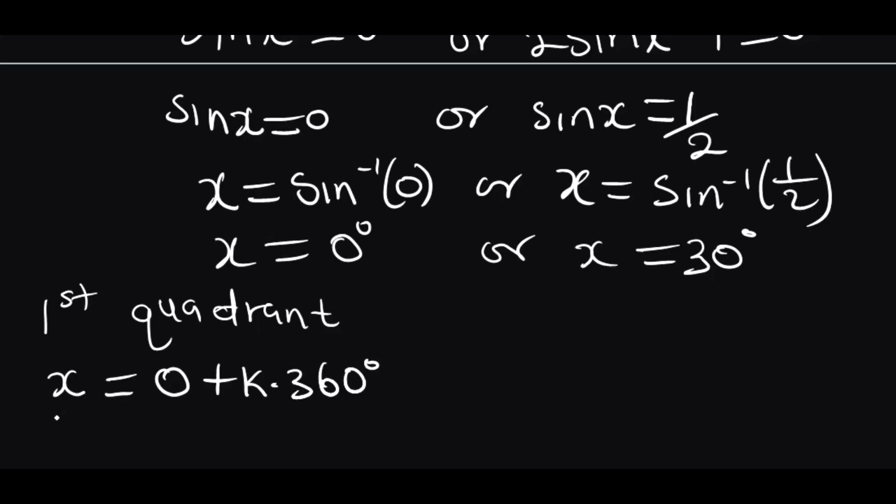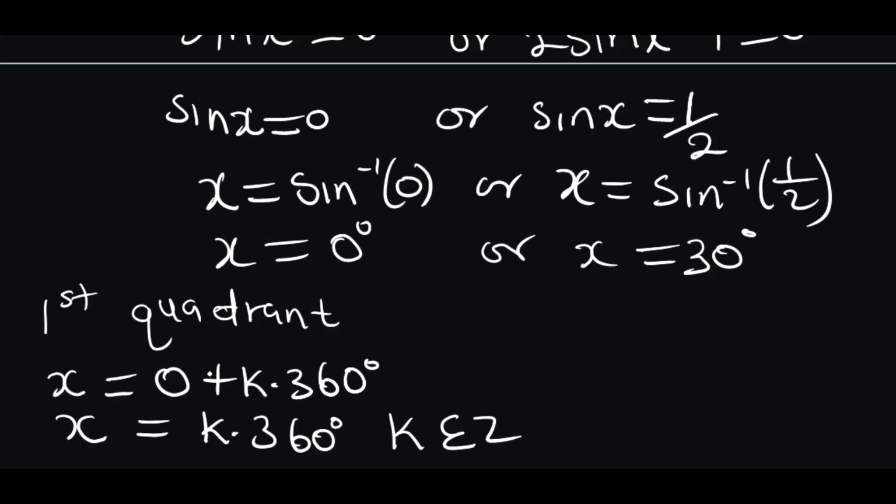Therefore, x is equal to k times 360 degrees, where k is an element of integers.